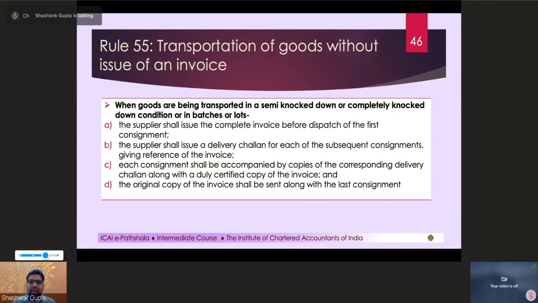Is the lift taken as it is and installed? No. It is broken down. Panels will be taken, trolley will be taken, mechanism will be taken, buttons will be taken. That is known as semi-knockdown. Completely knockdown is when you take it down in bits and pieces, like Lego. Lego are small blocks, right? And you can make anything from Lego.